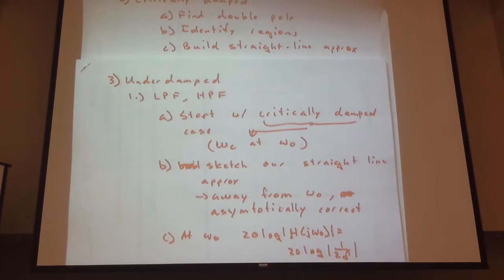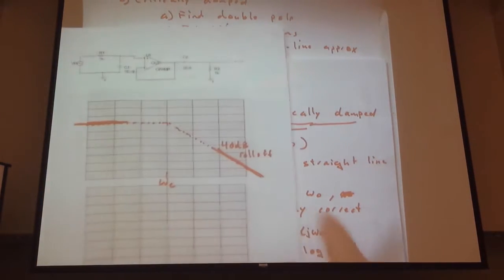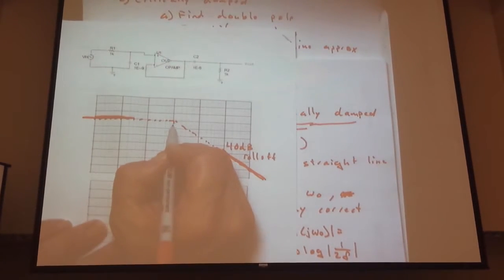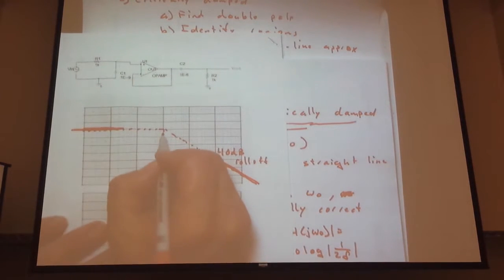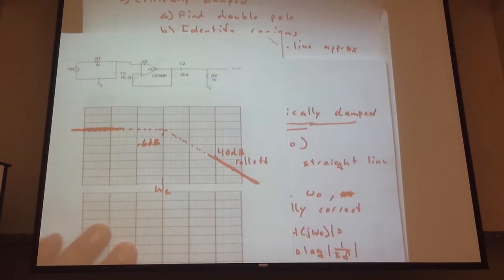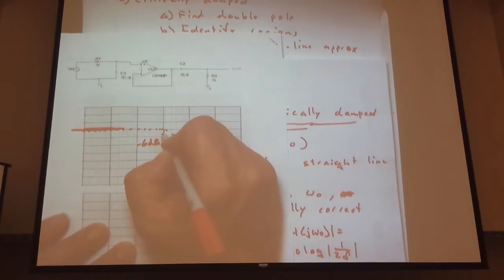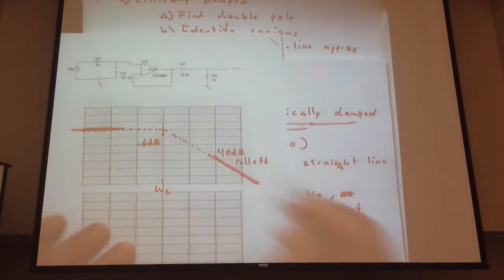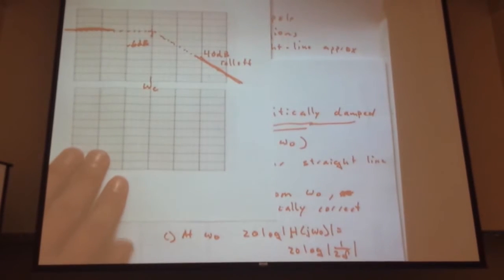And there's our correction. Now it doesn't necessarily mean you're above 0. Since we're talking about underdamped, there's our minus 6 dB point for our critically damped case. Our correction is going to be somewhere greater than minus 6 dB relative to the pass band.